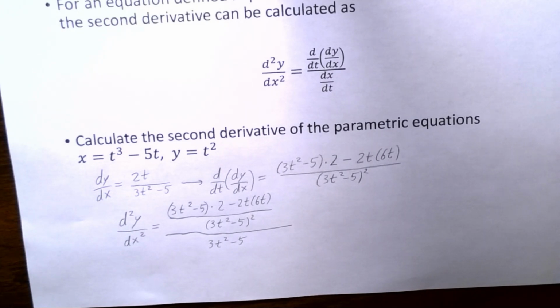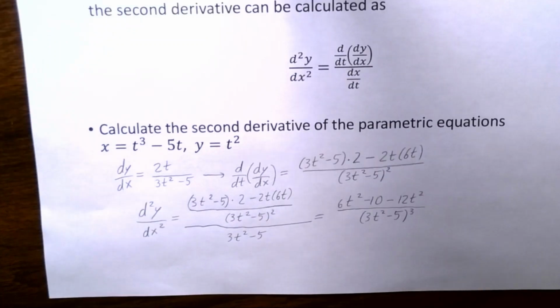We can further simplify this, noting that if we're dividing by 3t squared minus 5, that would go in the denominator of what we are dividing. This then gives us, along with distributing in the numerator, the result 6t squared minus 10 minus 12t squared.